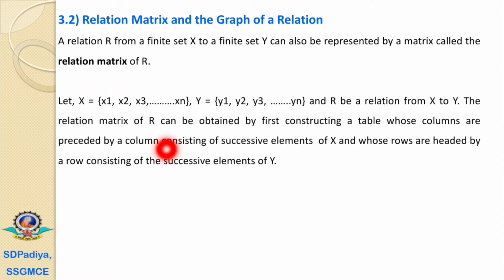If we have two sets, first is capital X with the elements x1, x2, x3 up to xn, and second set is capital Y with the elements y1, y2, y3 up to yn.